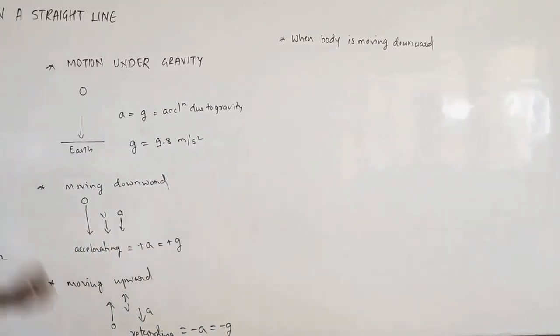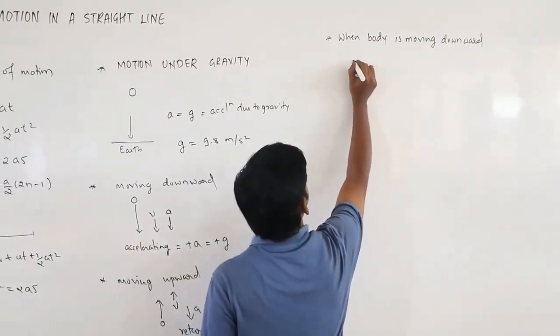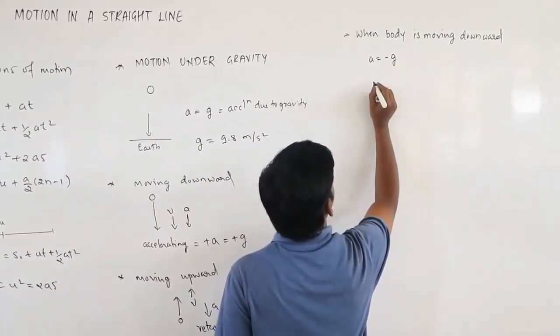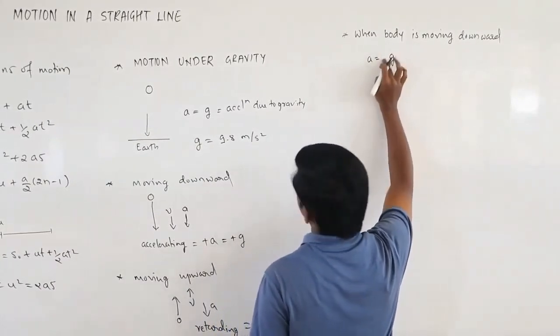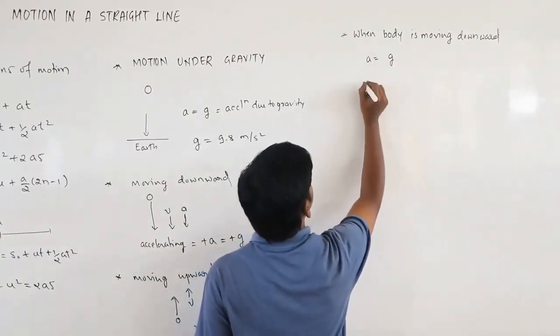So first, what you have to take? You have to take a equals plus g. Moving downward, plus g you have to take.